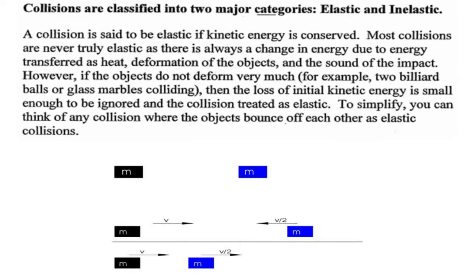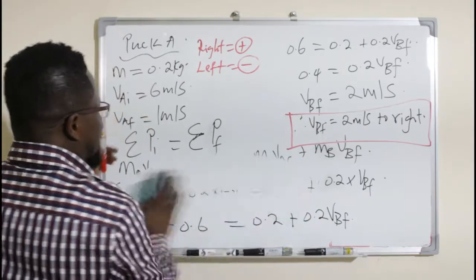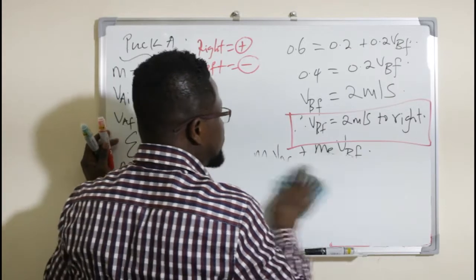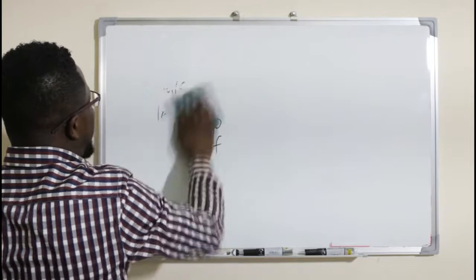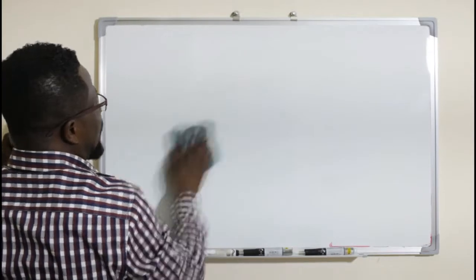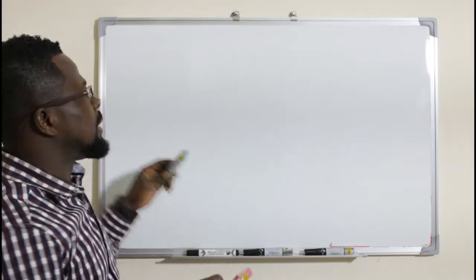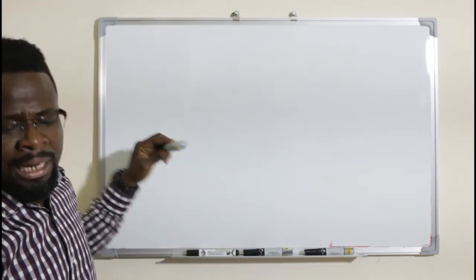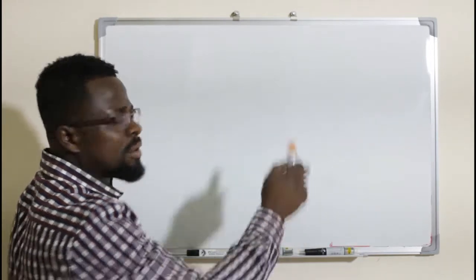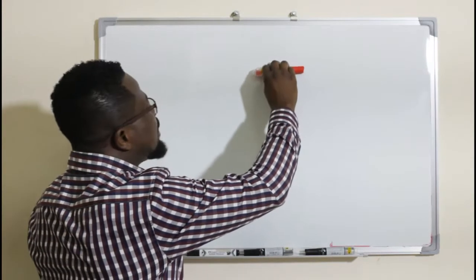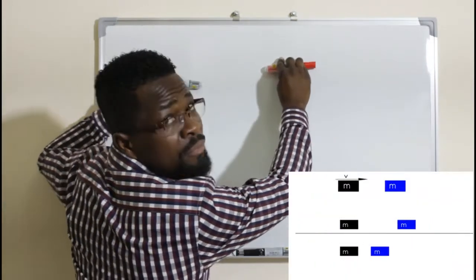Let's assume that I have these two markers, and that is why I am having two different colors. I am trying to demonstrate to you that these two markers are going to collide with one another, and let's see the situations that we can have. We have a situation where this one is stationary and this one is moving.